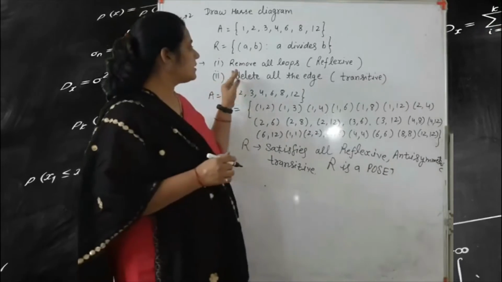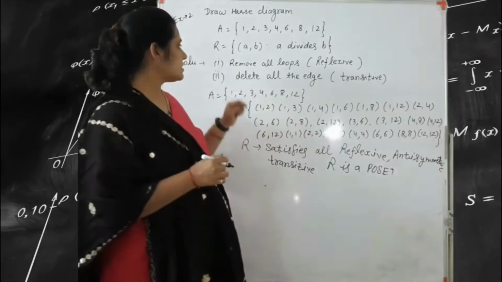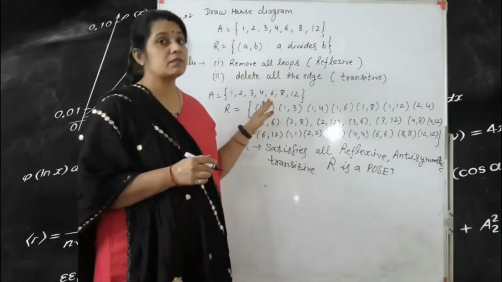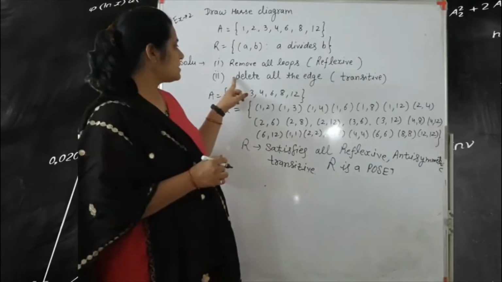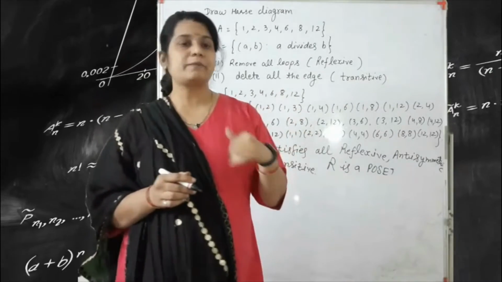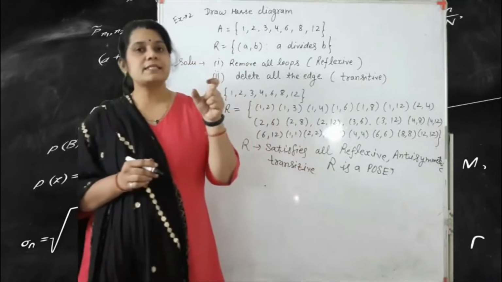Okay, so here what is the process for drawing the Hasse diagram? So the process is that number 1, remove all loops. Remove all loops, that means what? Reflexive property. And the next one is what? Delete all the edges implied by transitivity. So delete those edges, that means transitive property. And the second property is the antisymmetric.